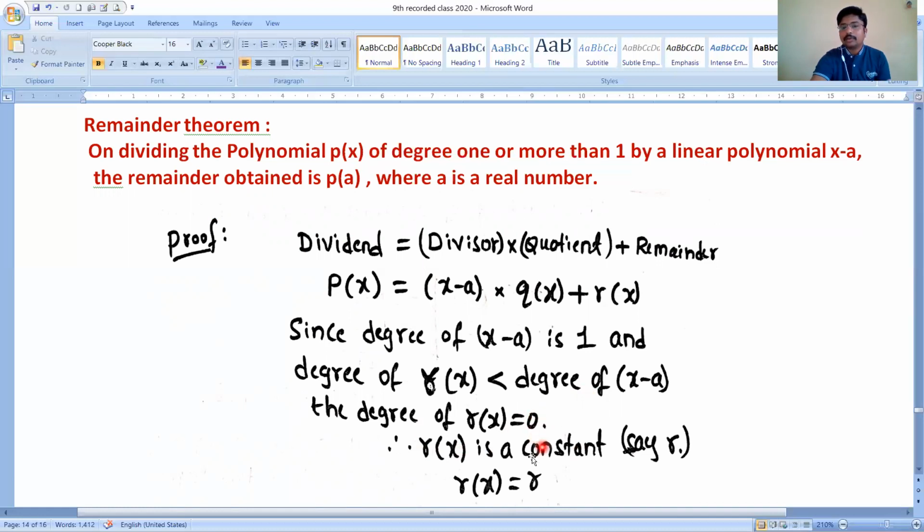0 degree means a constant. Say small r. Therefore, r of x is equal to small r.